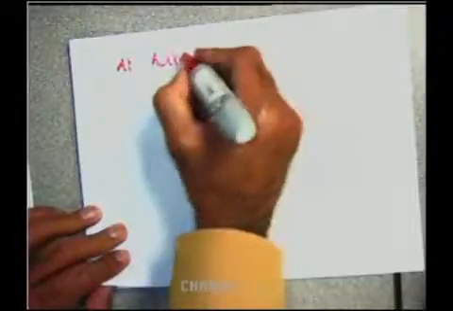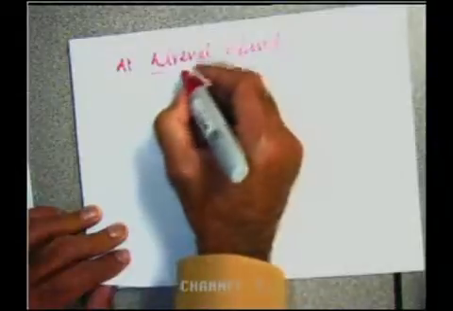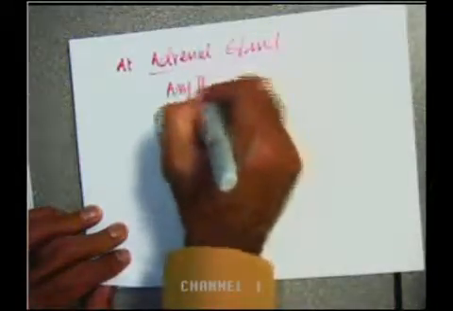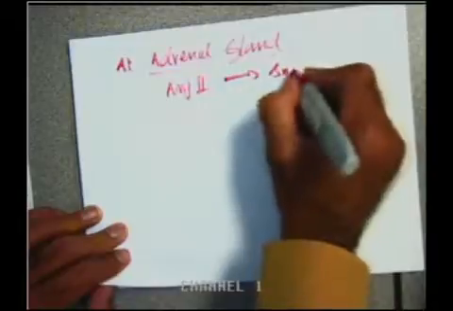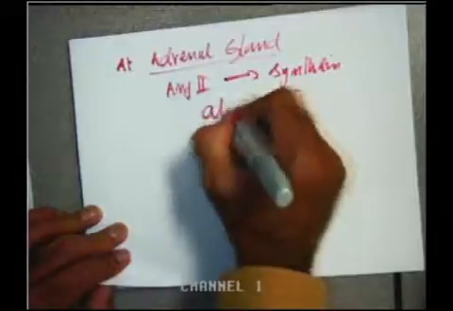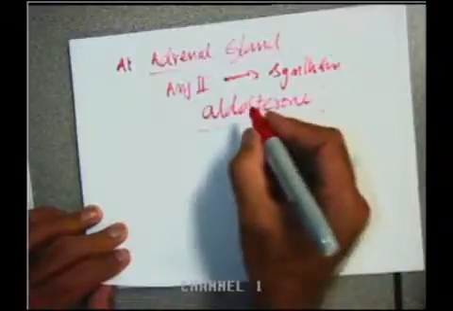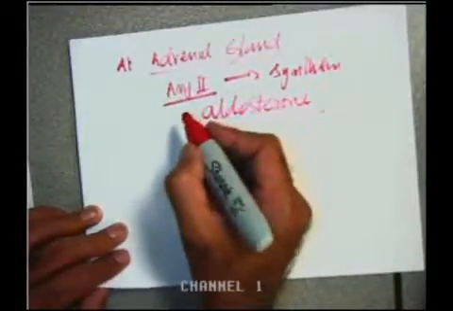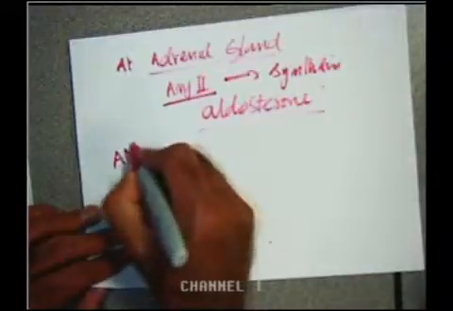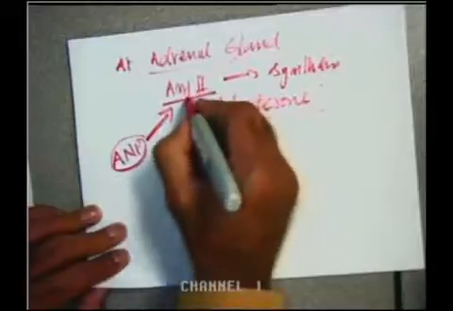Another pathway is the adrenal gland, which makes aldosterone. We just saw that Ang2 induces the synthesis of aldosterone in the adrenal gland. Now the ANP, which is coming from the heart cell, inhibits the Ang2.